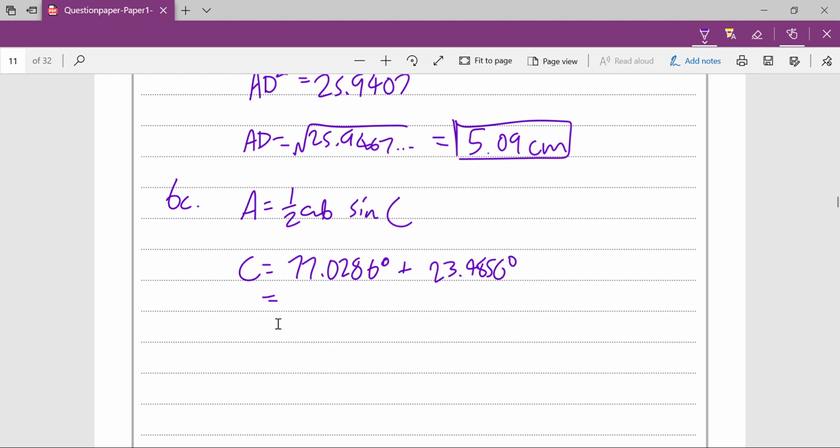So overall that adds up to 100.5142 degrees.